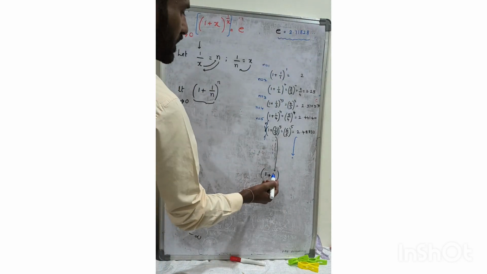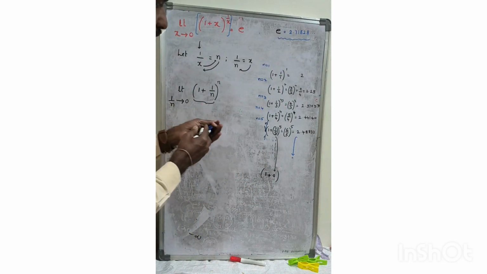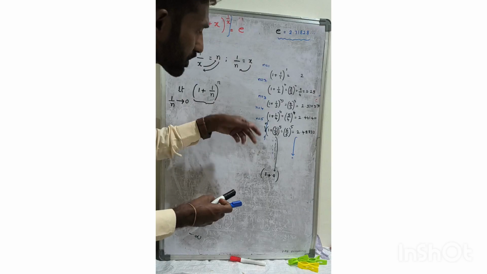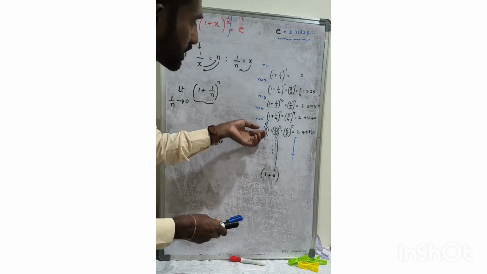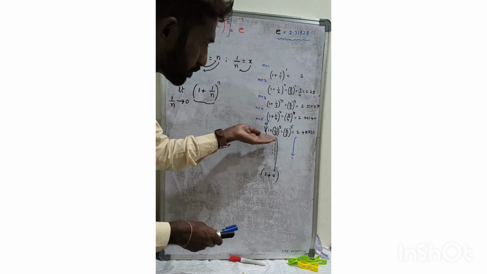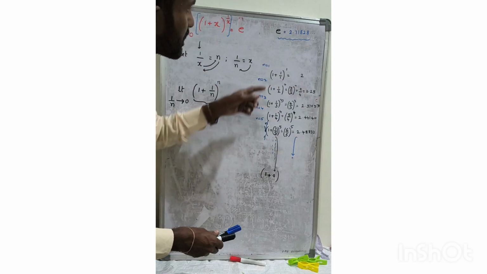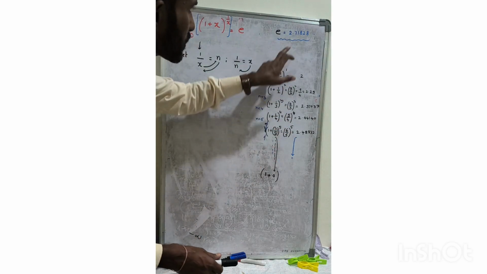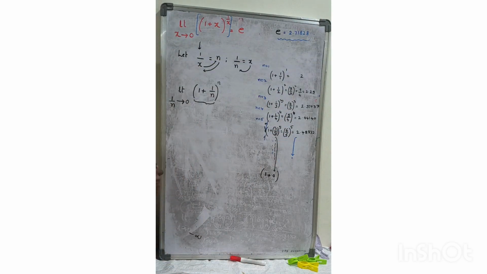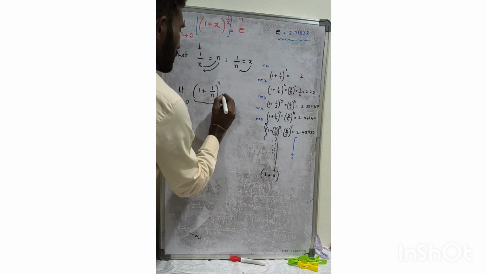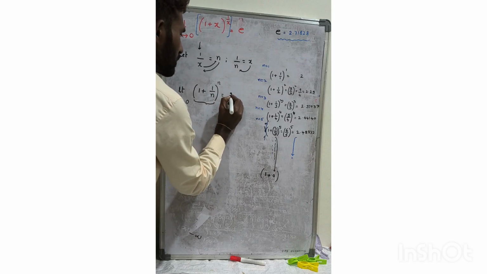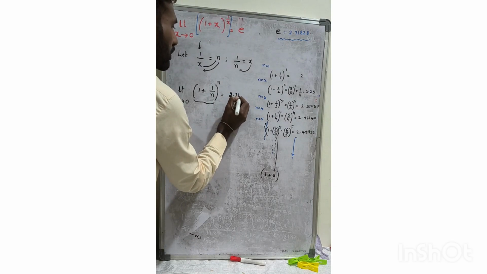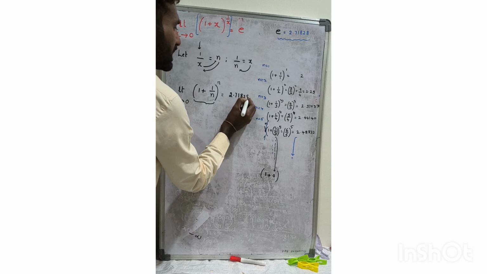2.71828. That means the more 1 by n values, whenever you decrease 1 by n further, this function is going towards 2.71828, and so on.